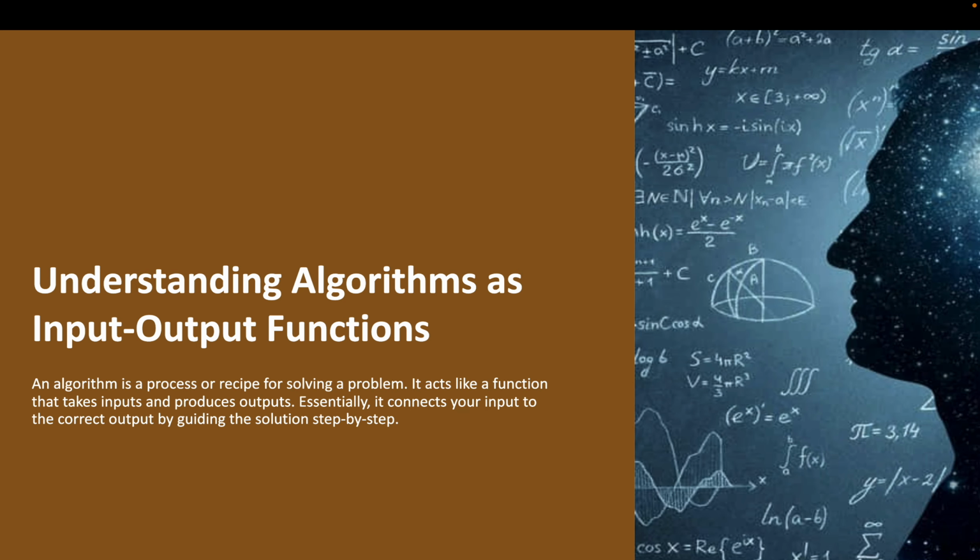How does it happen, especially in computer science? It happens by an algorithm. An algorithm is like a process, a method that solves the problem, and you can consider it as an input-output function.